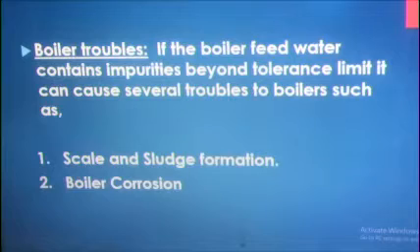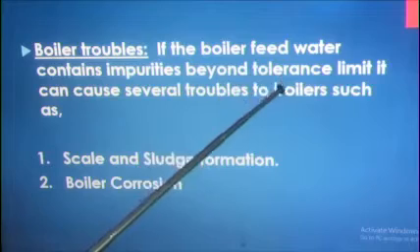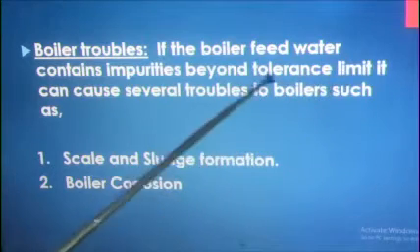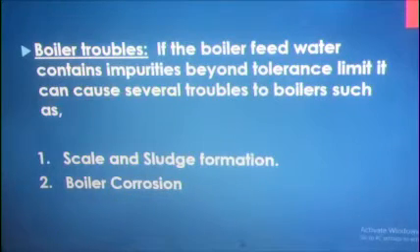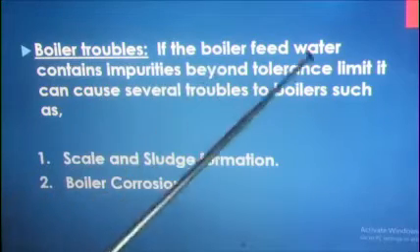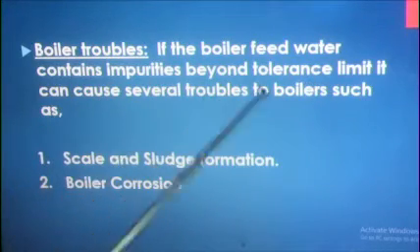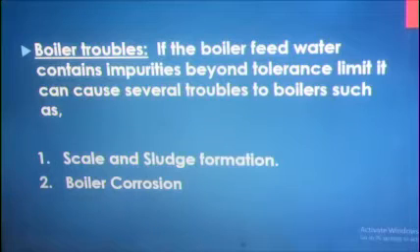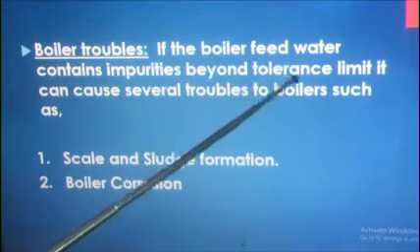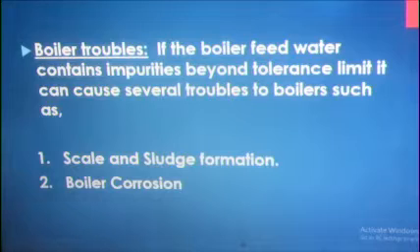Now this boiler feed water will have impurities in it, and if the impurities exceed the tolerance limit, meaning the acceptable limit, then it can cause several troubles to the boilers.